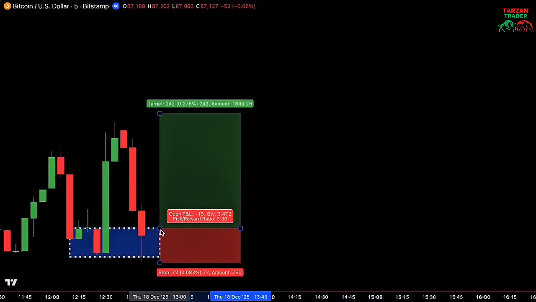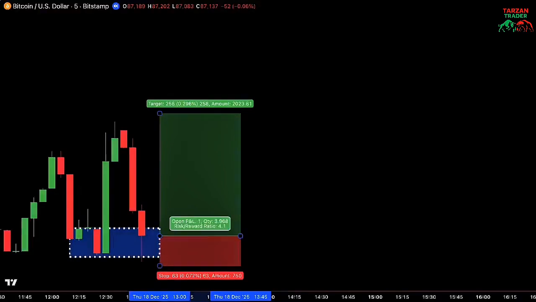Place your entry at the close of the tailed bar. Set your stop loss just below the low of the tail. Aim for the next resistance level as your target. Once your trade is set, you can set and forget, letting the market play out.